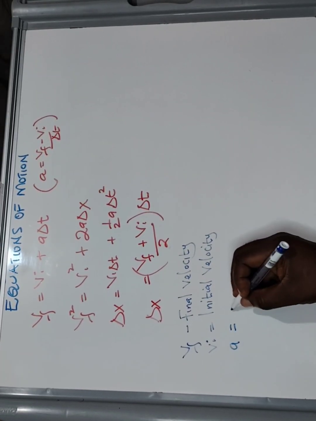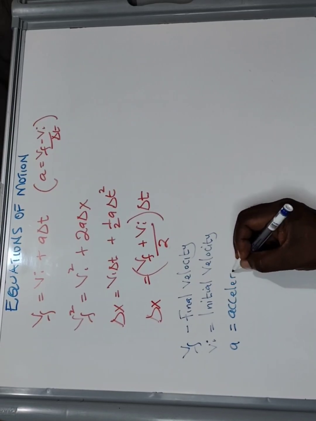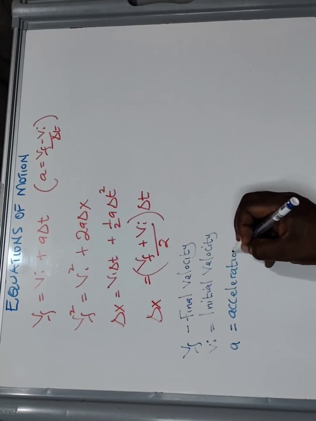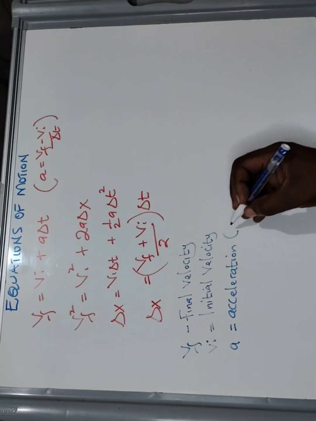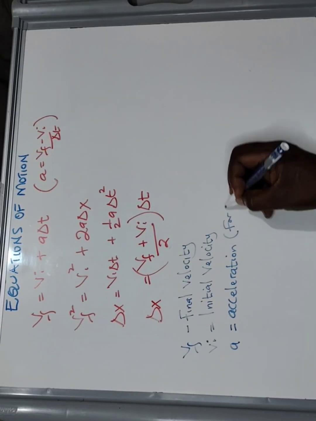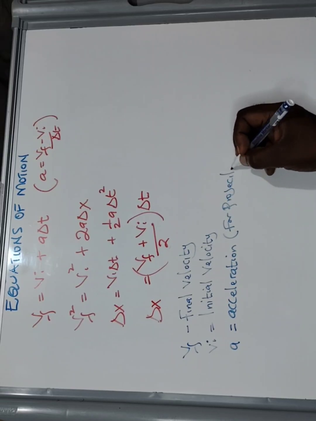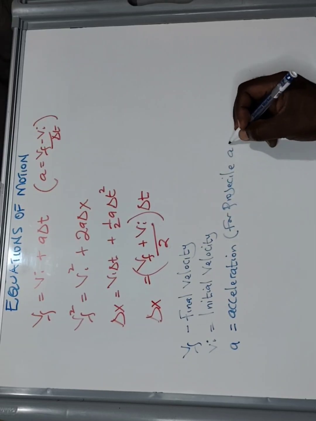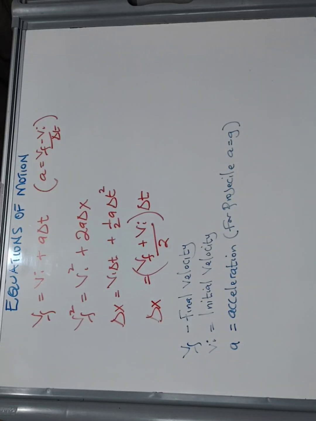A is acceleration. And for projectile, A is equal to G, where G is acceleration due to gravity.